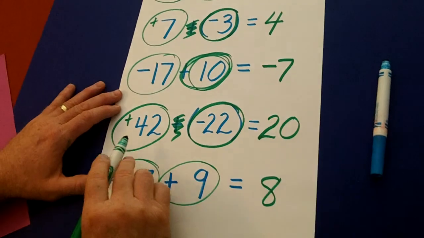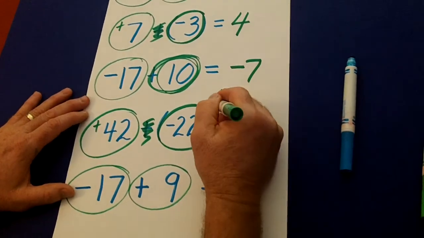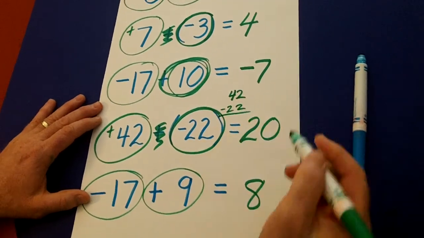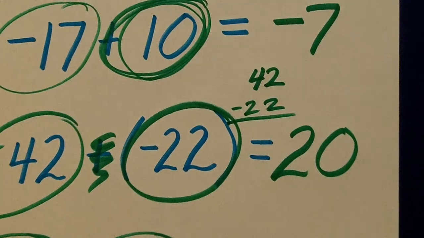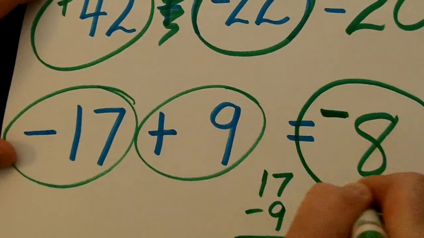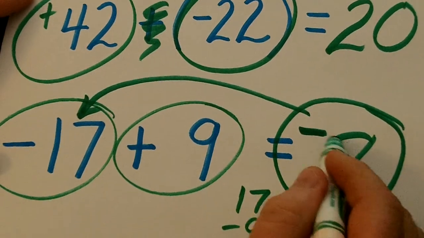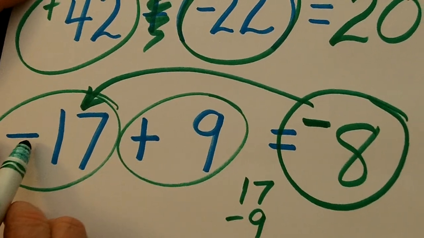But remember, when you're doing this, you just take whichever is bigger and you subtract the lower. Same thing here. It's 17 minus 9. And then you put the sign of the biggest number. This is a negative 8 because the bigger number is negative.